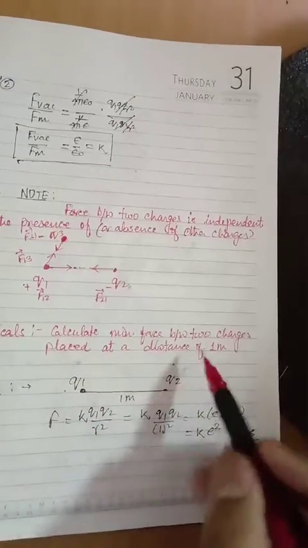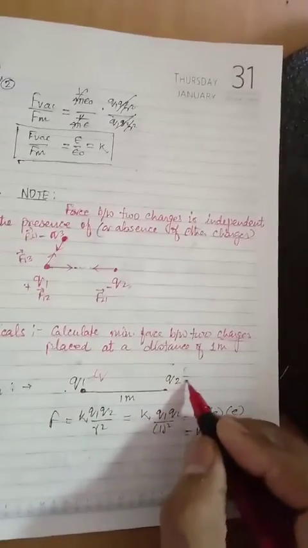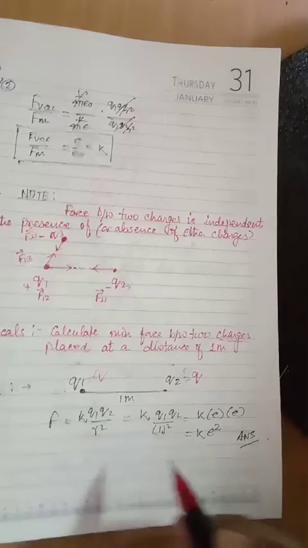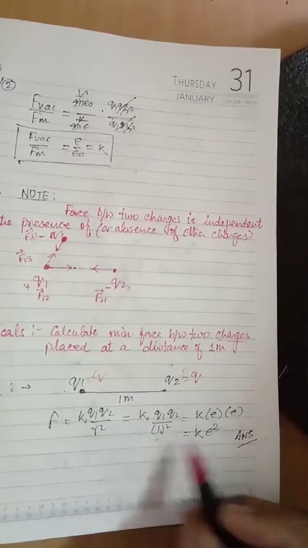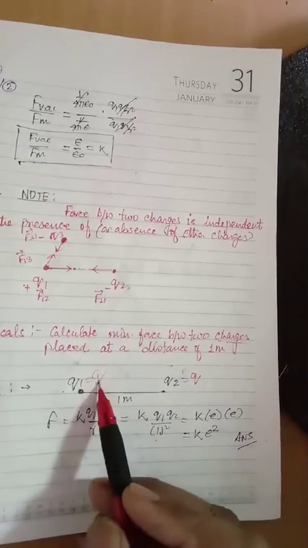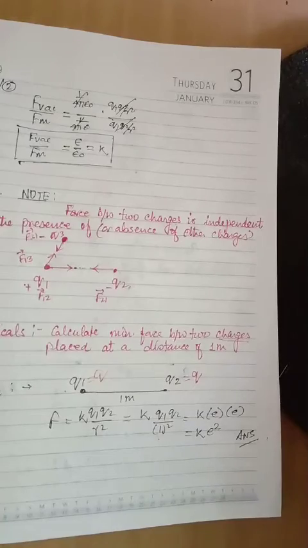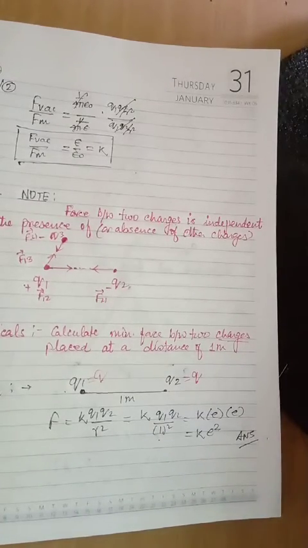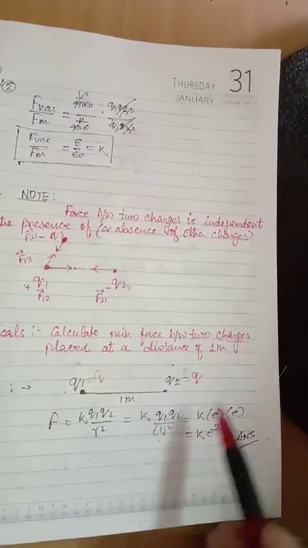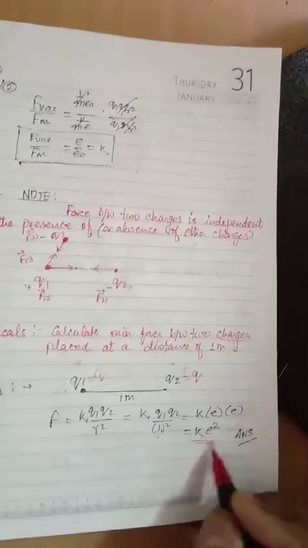Since the charges are not different, the value of Q1 is Q and Q2 is Q. So the force between the two charges is K Q1 Q2 upon R square. R is 1 meter, so we keep 1 square. This is the elementary charge, the minimum charge possible on any body, equal to the elementary or fundamental charge E, 1.6 into 10 to the minus 19 Coulomb. So K E into E is equal to K E square.